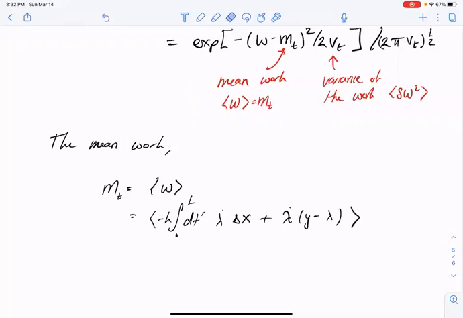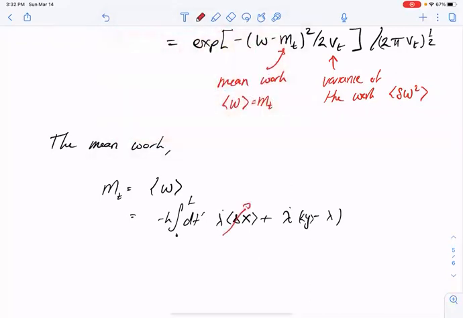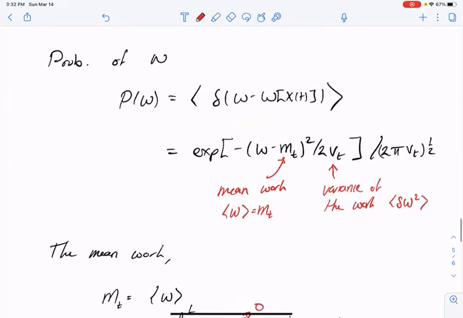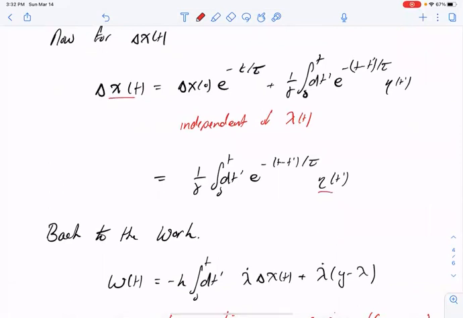Bringing those averages in, delta x on average is 0. We can see that from its integrated equation here. Delta x is linear in eta. Eta has a mean of 0. The only fluctuating quantity in delta x is eta, and eta on average is 0. So delta x does not contribute to the mean value of the work.